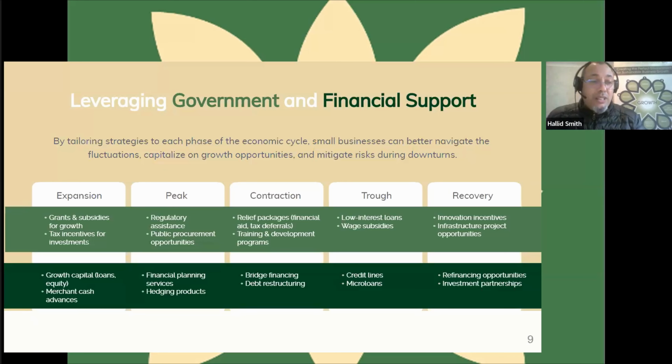Those things are available. You need to go and meet with these organizations and find out what incentives are available for you. Reduction in tax, right? If you are training your staff, for instance, during this time, there are tax reductions and incentives for you. And lots of programs.